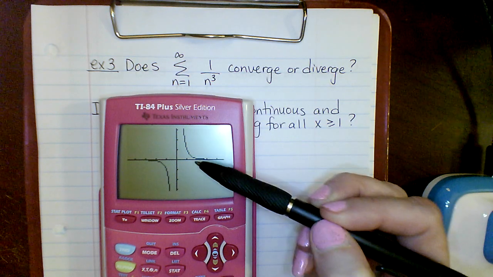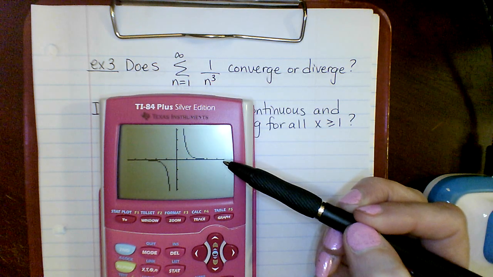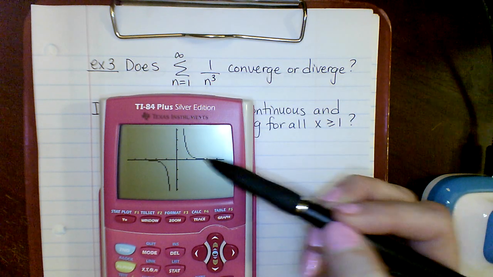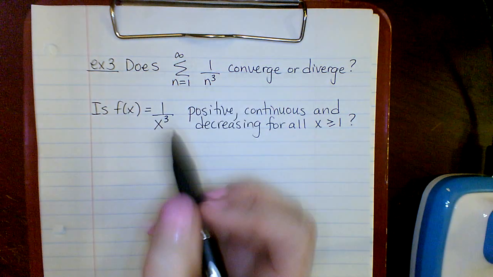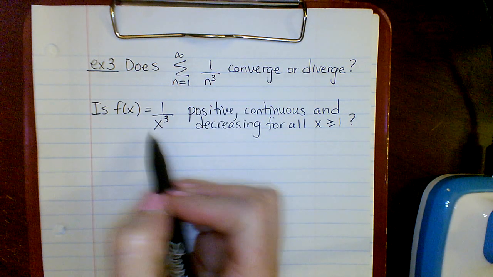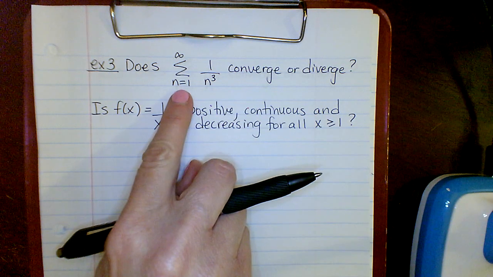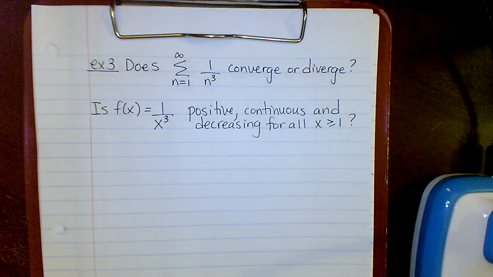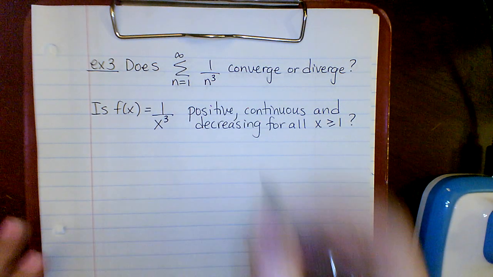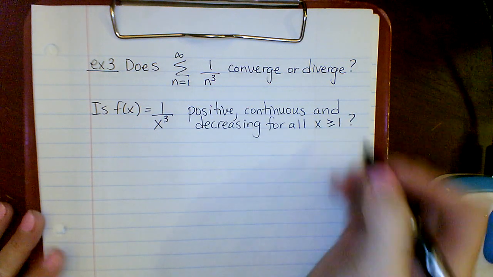It is above the x-axis, so it's positive, and it's continuous. In fact, we can look at this and say, hey, it's continuous everywhere except 0. But that's okay, because I'm only interested in 1 on. So yes, it is.